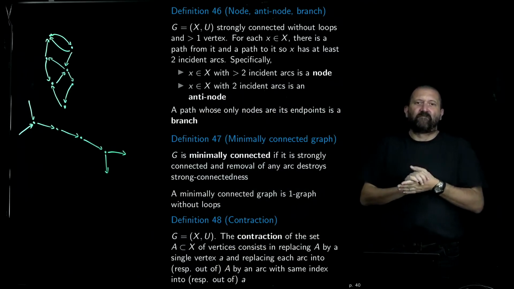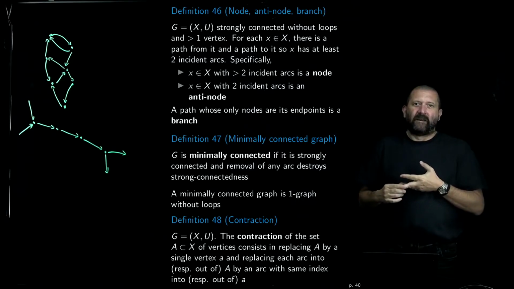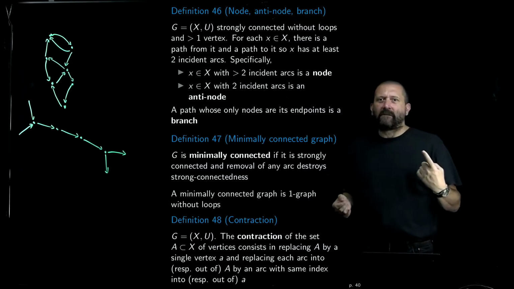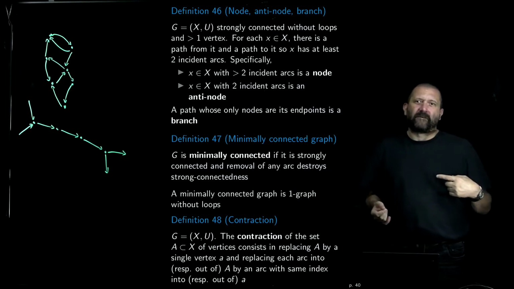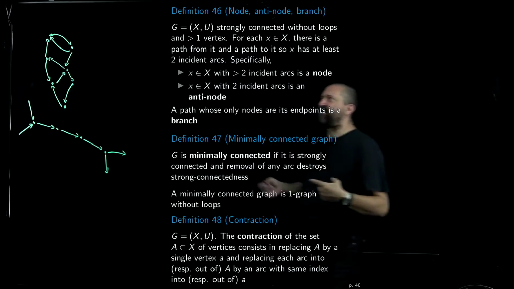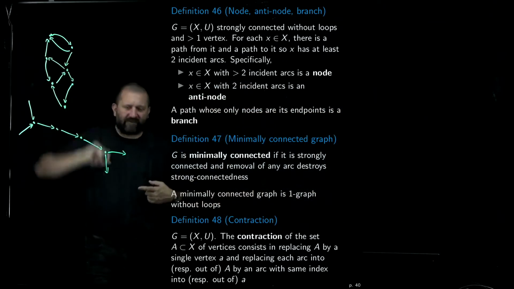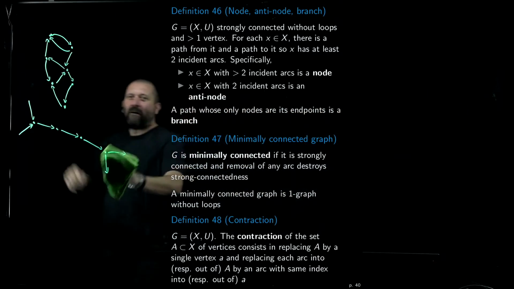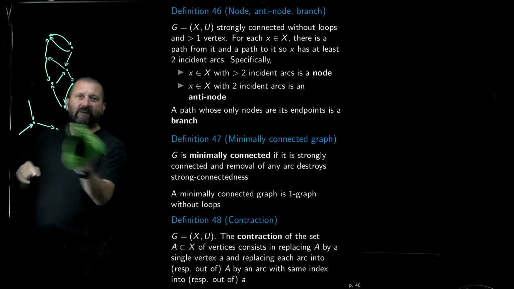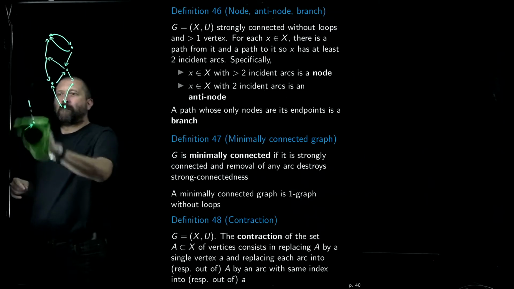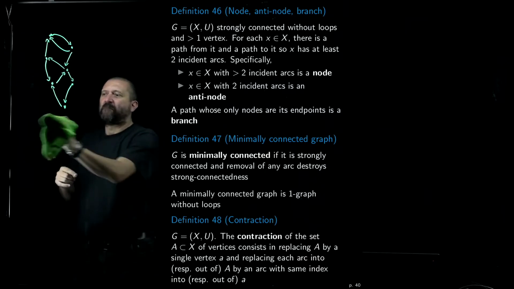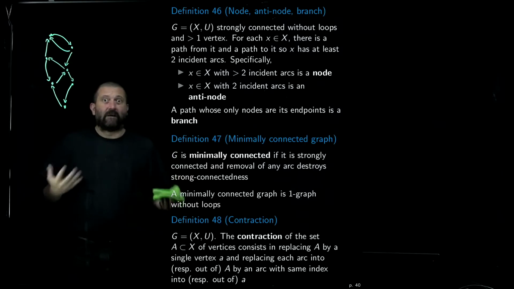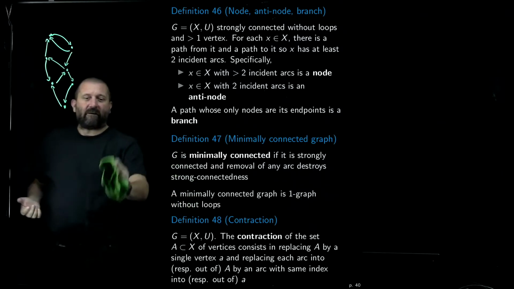Now, a graph is minimally connected if it is strongly connected, and whenever you remove any arc, you lose strong connectedness. So this graph here, for instance, is not minimally connected because, if I remove this arc, say, then I am losing strong connectedness.